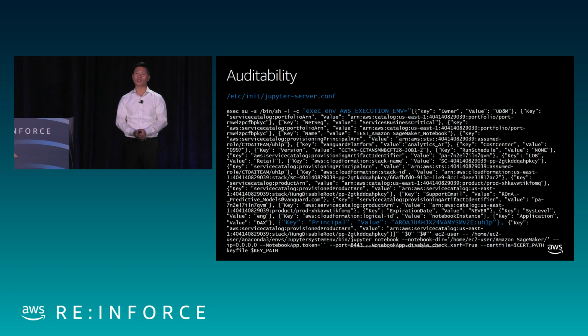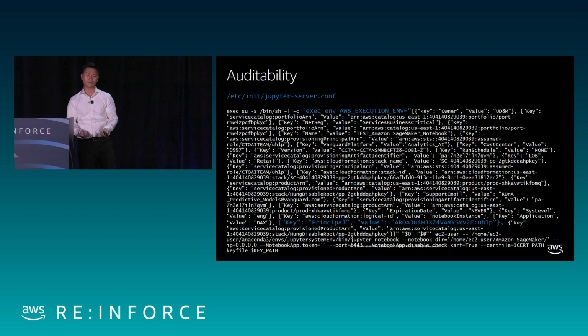So the next thing is auditability. Like we talked about before, we want to be able to track the user ID and user action on S3 objects. By default, the IAM permissions only track the IAM role level in CloudTrail events.